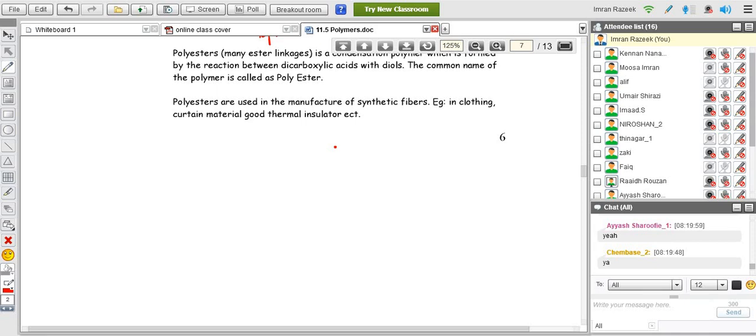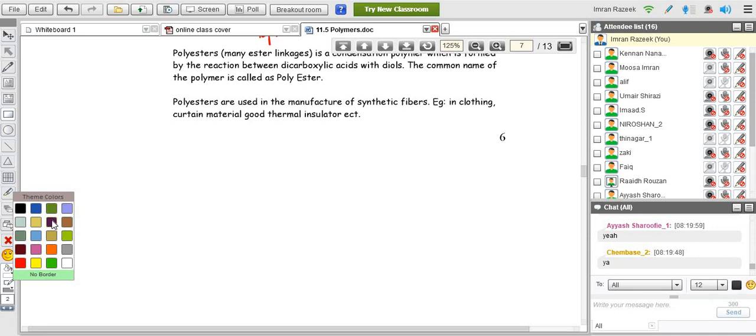If it's polyethene, ethene is the monomer. But the ester is a condensation polymer, therefore two or more different, in this case two different monomers combined. So we cannot use the prefix poly before the name of the monomer, but rather we use the prefix poly before the linkage.